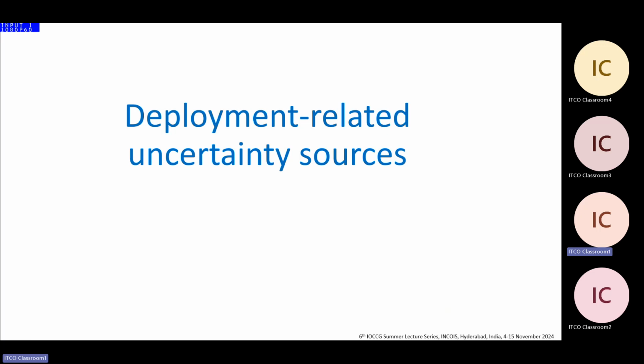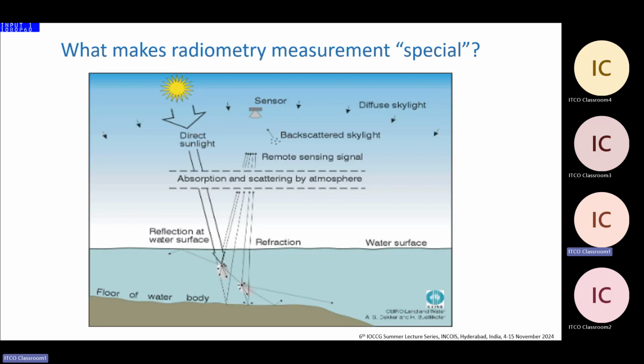Now, assuming you have done everything you can, you have a perfect instrument, but then you are going to deploy it in the field. And one point I really want to make is what makes radiometry measurements a bit special, because we have quite strict protocols to do this.